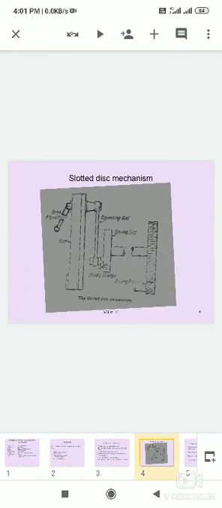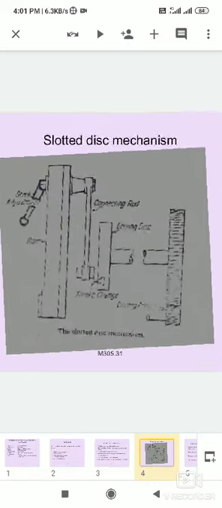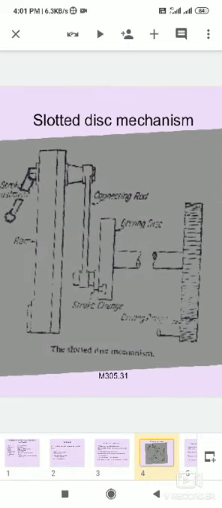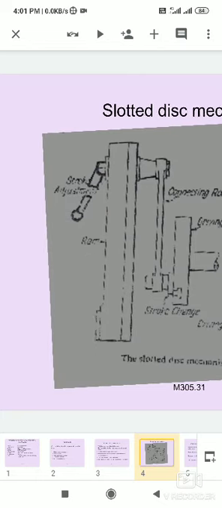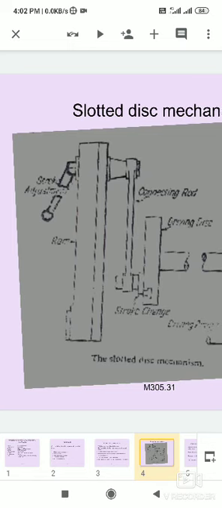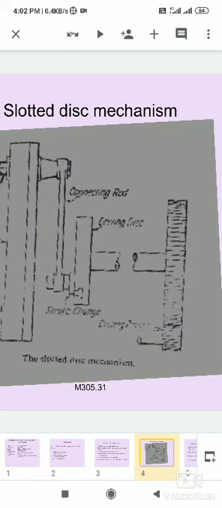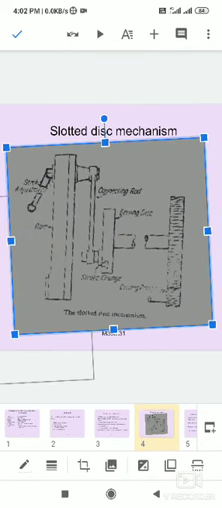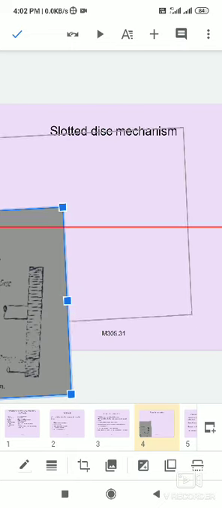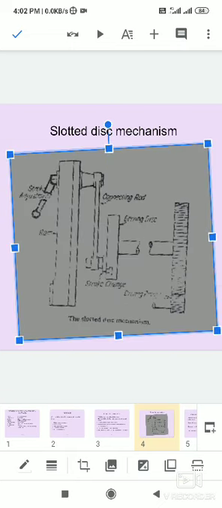It has a slotted disc mechanism. This disc mechanism has a connecting rod next to the ram, and the driving or coupling disc. These are the parts of the driving mechanism.